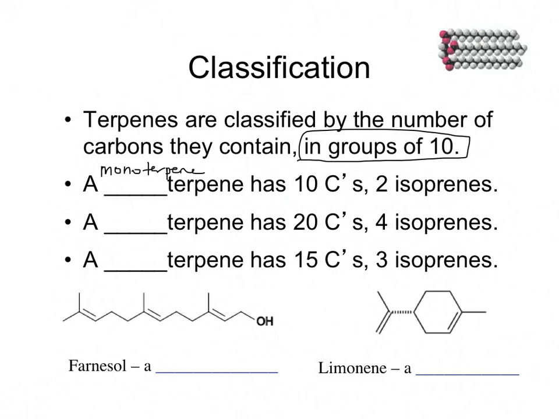Now, jumping up a little bit, let's say you had 20 carbons. That is 2 10-carbon units. Since it's based on 2 of those groups of 10, it's called a diterpene. Now, say you only had 15 carbons. That's like 1.5, so they call that a sesquiterpene.